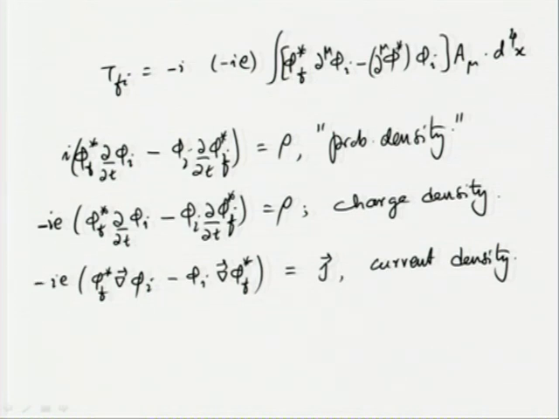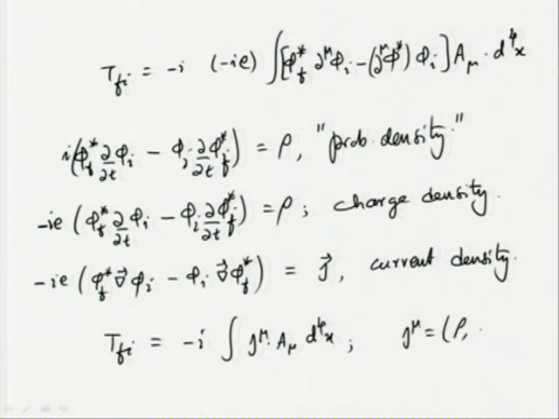So, now with this I can write T f i as minus i integral j mu a mu d4 x, where j mu is rho j, the 4 vector current density.